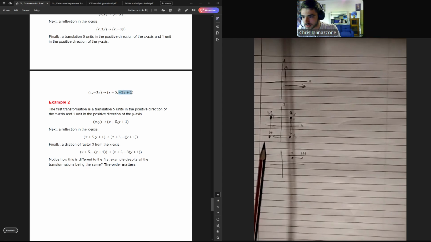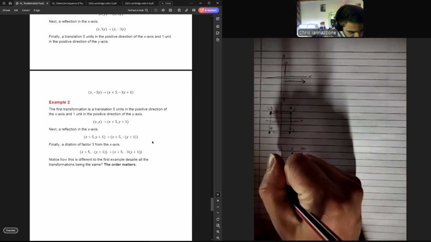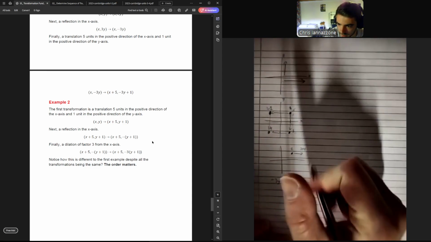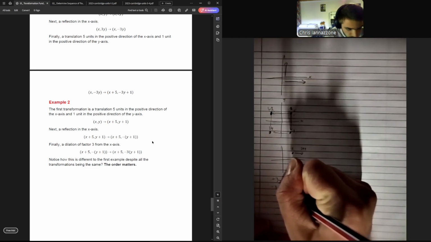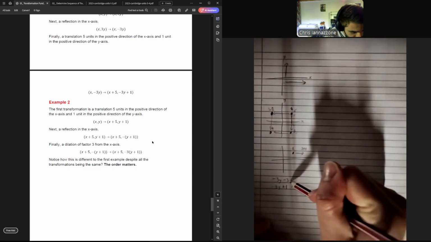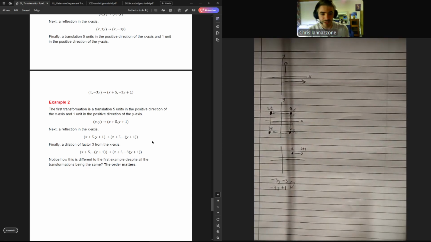And even just looking at these terms here, you got negative 3y plus 1, and you got negative 3 bracket y plus 1, which is significantly different, right? If I expand that bottom one out, that would be negative 3y minus 3, whereas the original was negative 3y plus 1. Those two things, by observation, are not the same.